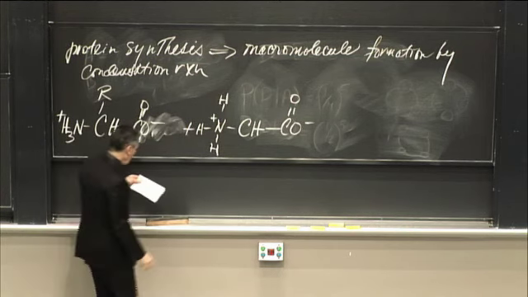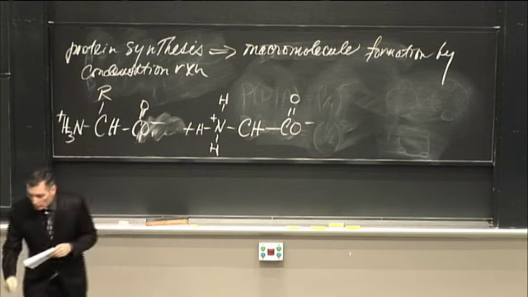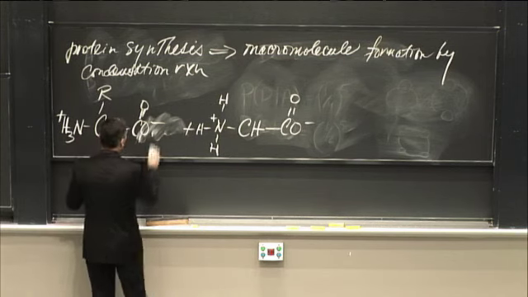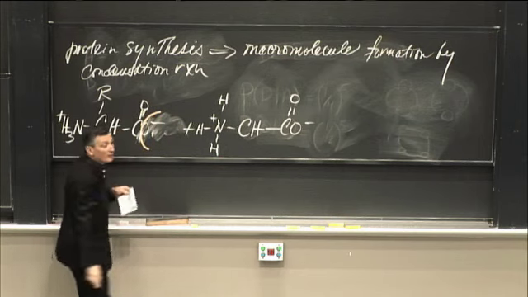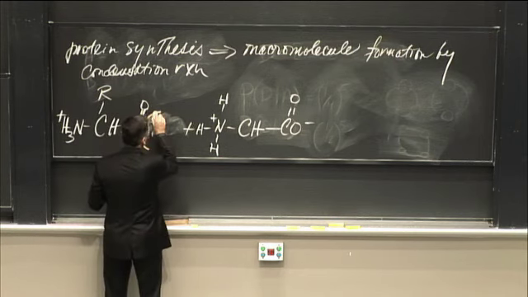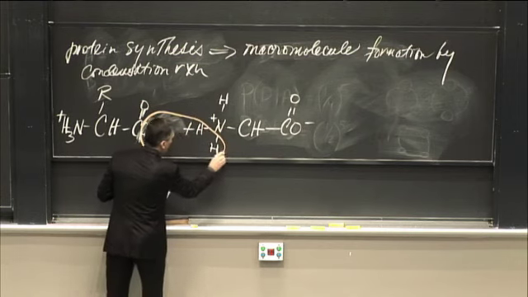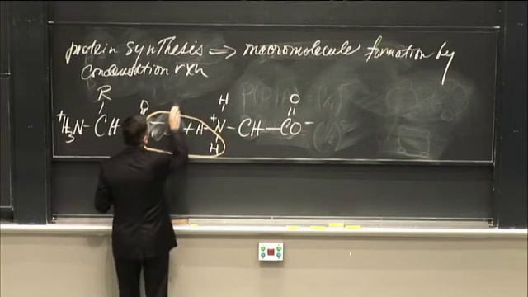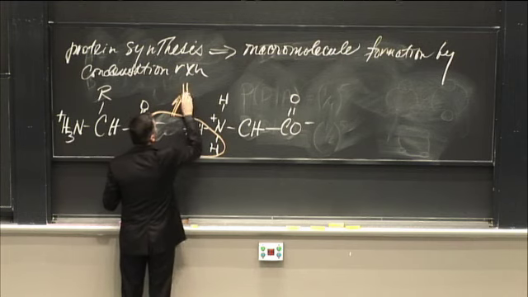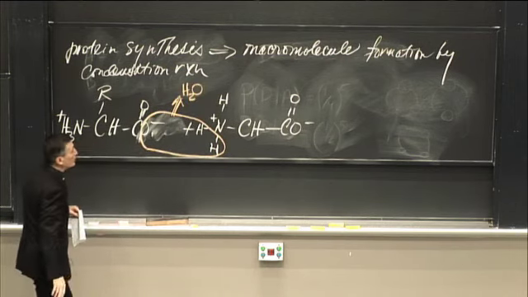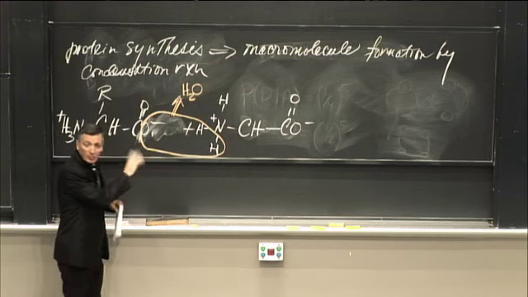So now, by condensation reaction, what we'll do is we'll take this oxygen off of the left amino acid, and we'll take 2 of the hydrogens off of this amino acid, and we will eject a water molecule. And that's safe. It's compatible with the body.